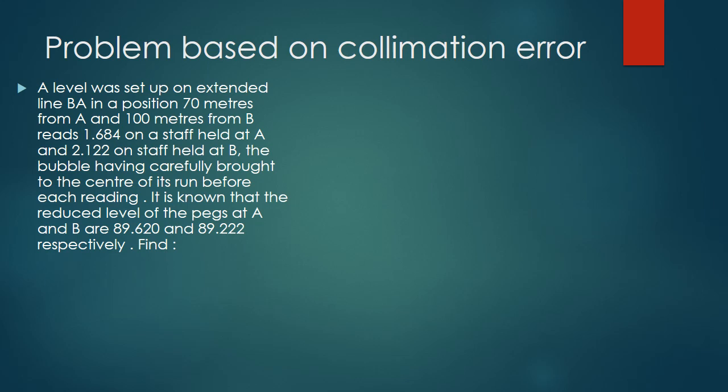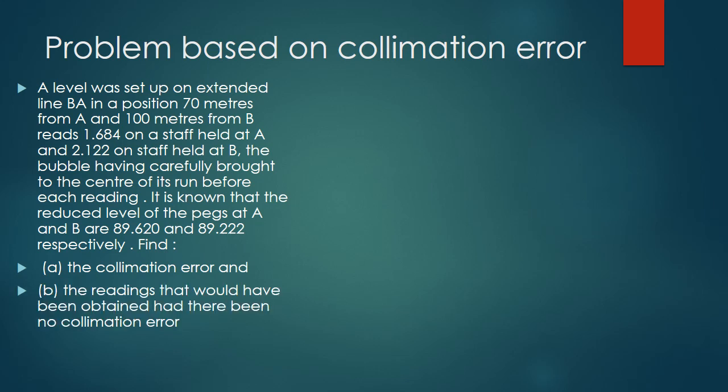Now it is known that the reduced levels of the pegs at A and B are 89.620 and 89.222 respectively. Now find the collimation error and the readings that would have been obtained had there been no collimation error.